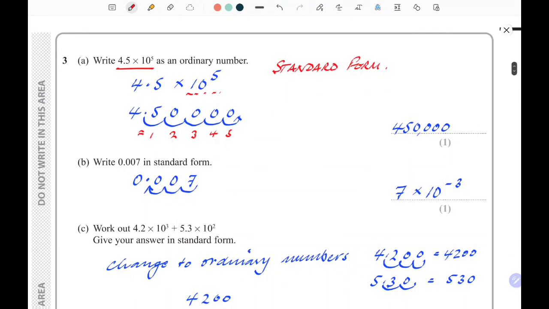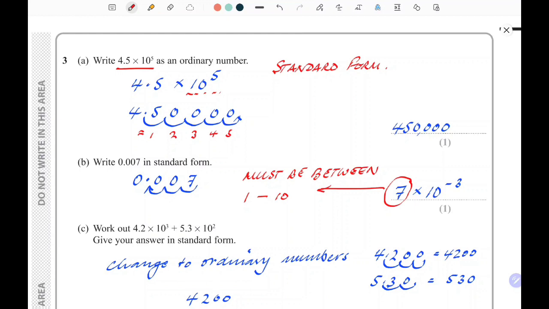All right. Now, in the second one, we're going from an ordinary number to a standard form number. And remember that the base number, this one here, the 7, must be between 1 and 10, i.e. less than 10.